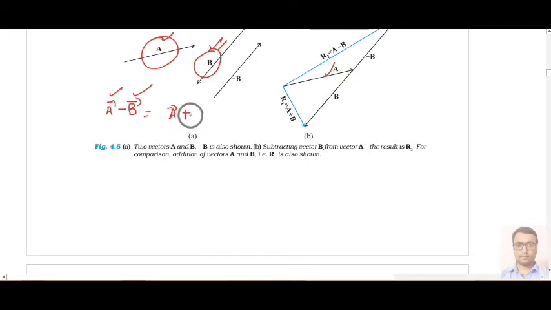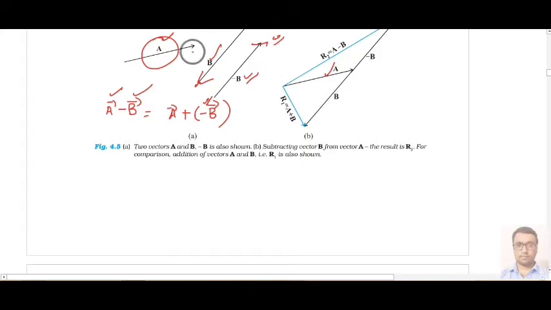We write it vector A plus minus of vector B. Now we know how to write minus B. If vector B is given, suppose this is your vector B in this downward direction, then negative of B will have opposite direction but same magnitude.